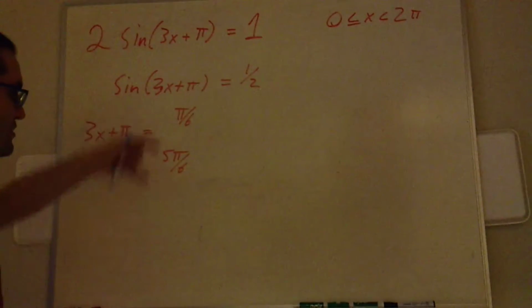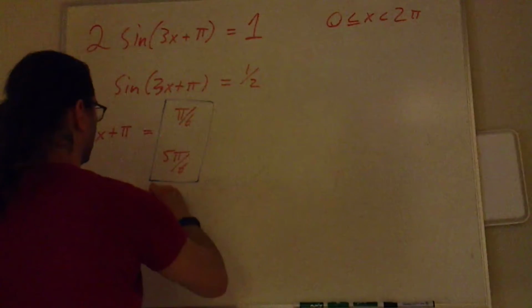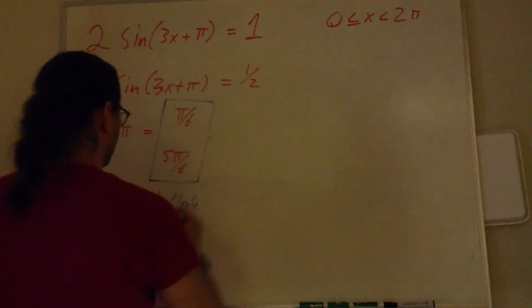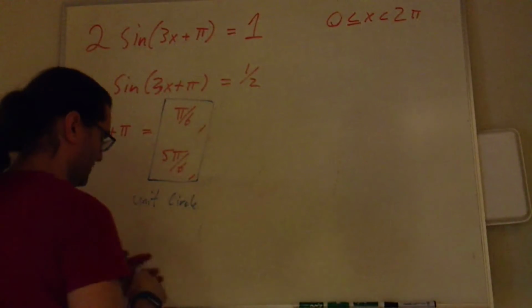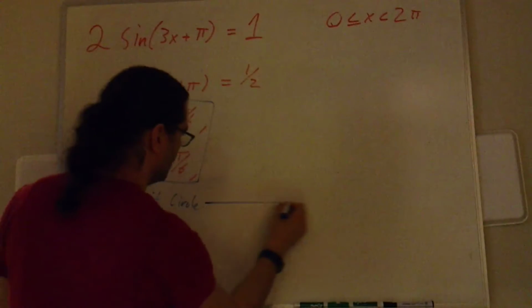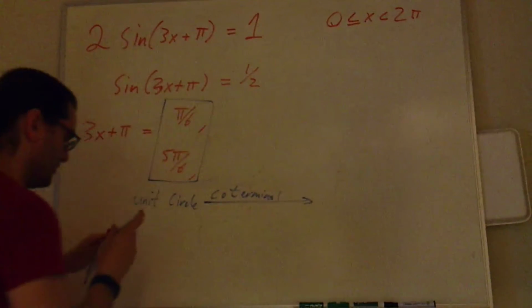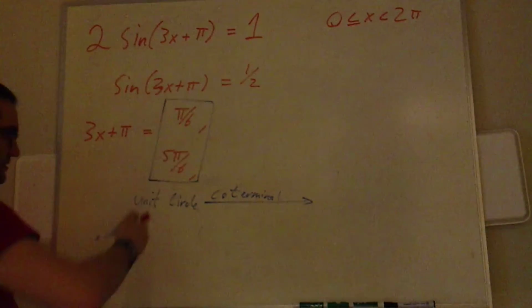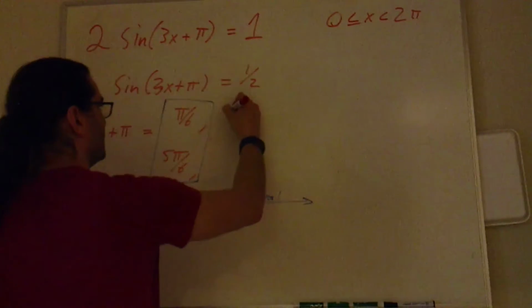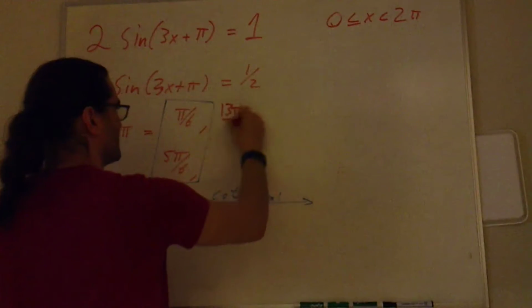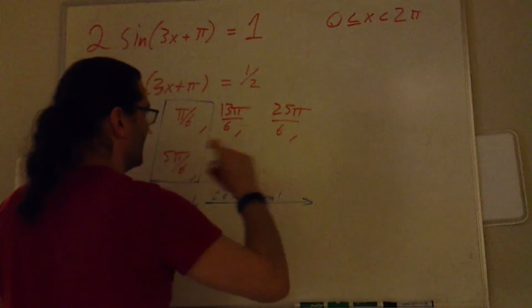Based on these 2 starting points, I'm going to add more things to this list that are coterminal, just by adding 2 pi to these things. And 2 pi is the same as 12 pi over 6, so we'll do a 13 pi over 6 here, and a 25 pi over 6, and a, let's say 37.